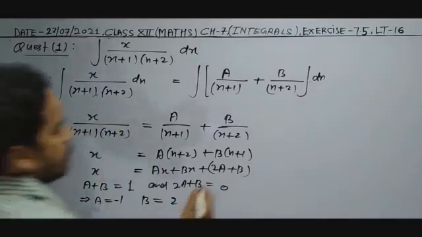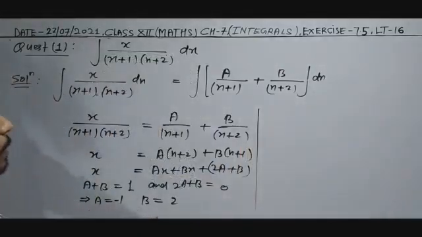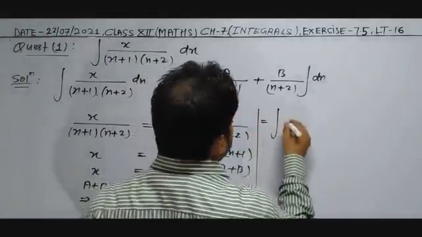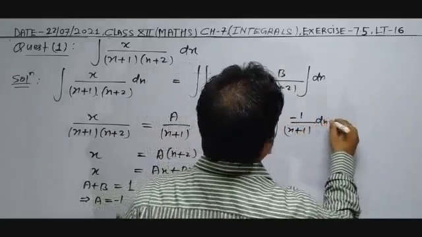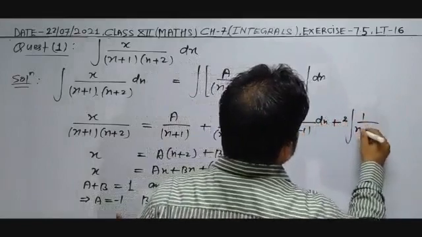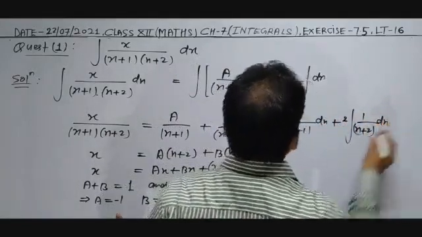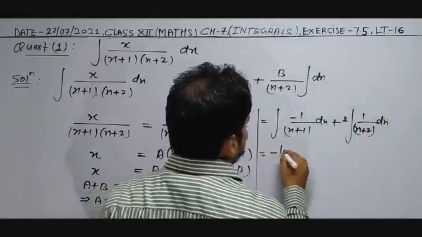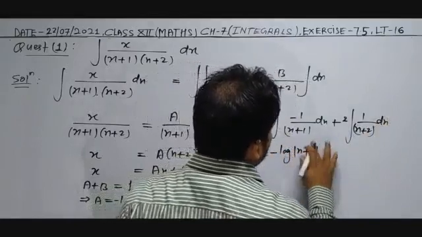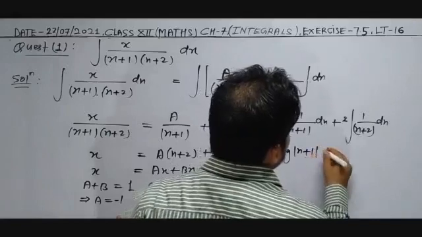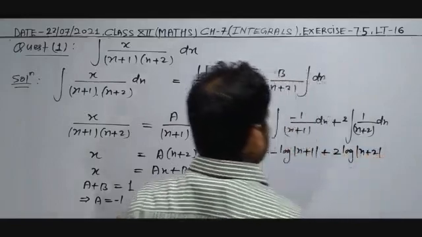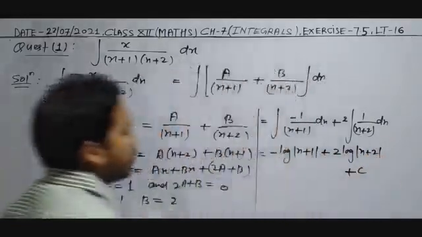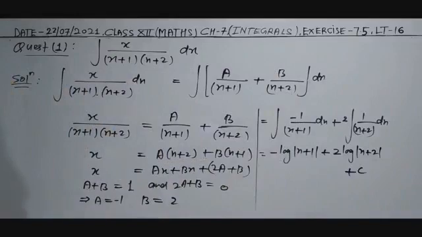Now we have solved the values of capital A and capital B. Now we put them in, so the integral is integration of minus 1 upon x plus 1 dx plus 2 times integration of 1 upon x plus 2 dx. Now this integration will be minus log of mod of x plus 1 plus 2 times log of mod of x plus 2, plus c.